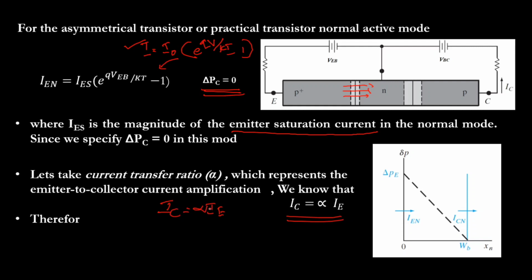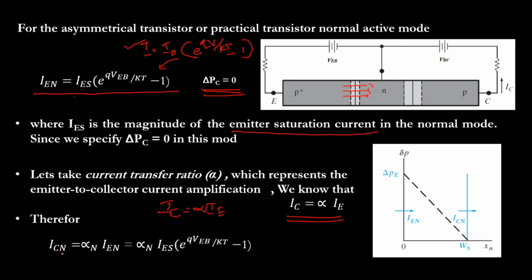So using this expression, I am going to write the collector current in the normal active mode. So look at this ICN. This IEN I have written using the diode current expression. Since we have a collector junction and two junctions over here, I should specify it: reverse saturation current, emitter saturation current, IES. So this is the expression for emitter current, normal active mode. The collector current can be found using the current transfer ratio expression.